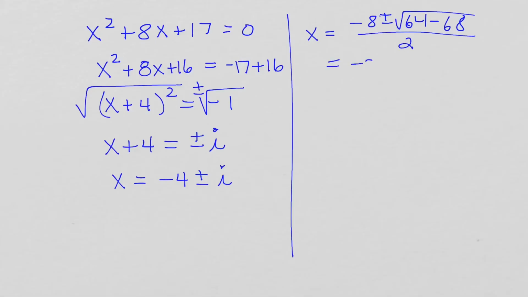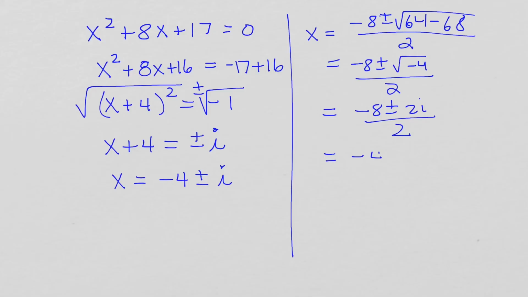And this equals -8 plus or minus the square root of -4 over 2, and so that's -8 plus or minus 2i over 2, and that gives me -4 plus or minus i. So either way, I have -4 plus or minus i.